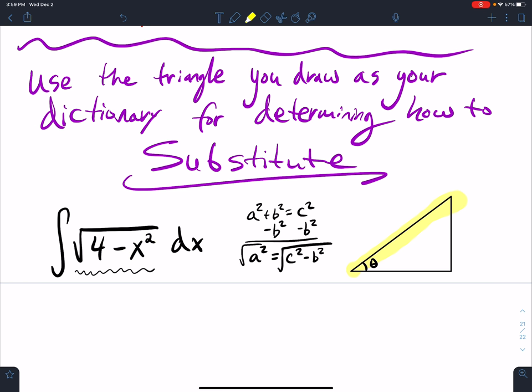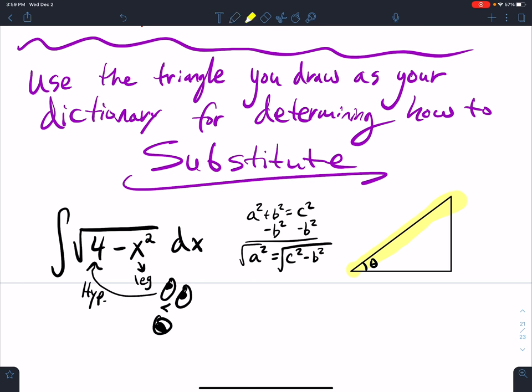The biggest one is always the hypotenuse. So just from looking at the integrand, I know that this is the hypotenuse without doing any math, because it's the positive one under the square root. And I know that this one has to be a leg.